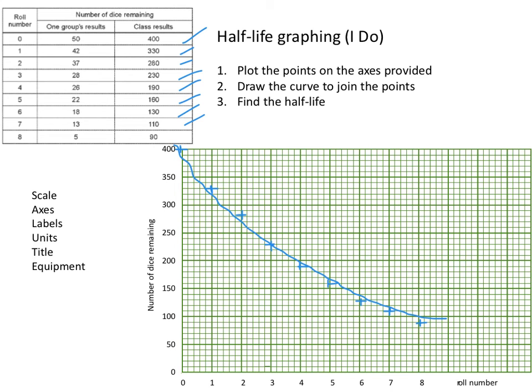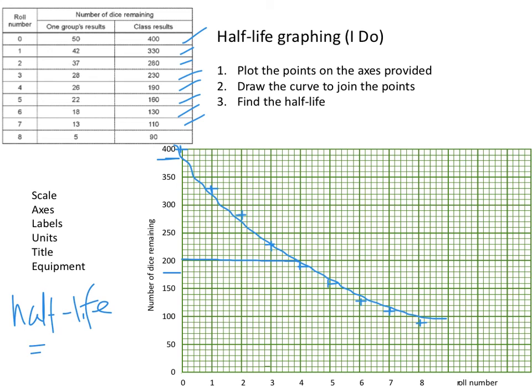So the half-life equals, okay, so we've got an initial value of 400, so when it drops to 200 we find the time. It's going to be around about here. Let's use our ruler so we do it properly. That was terrible.